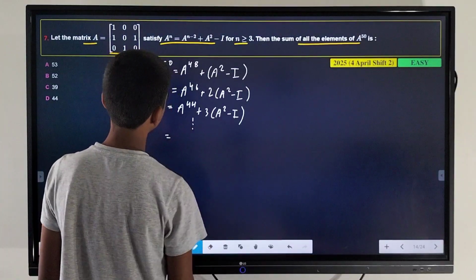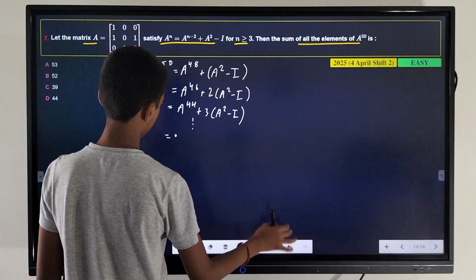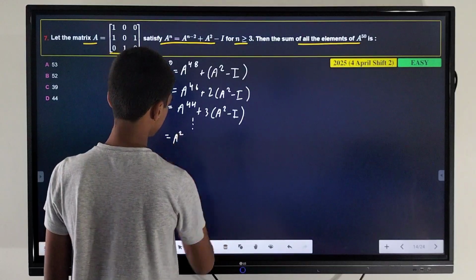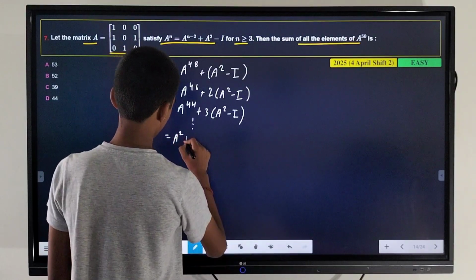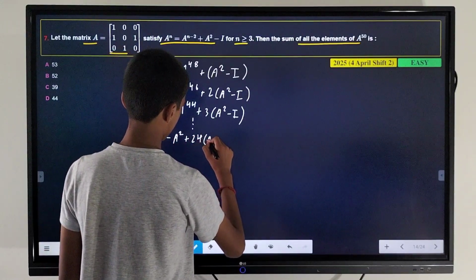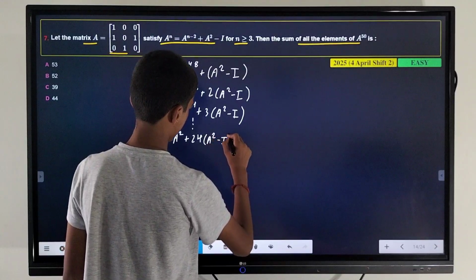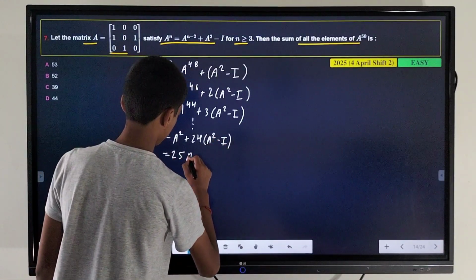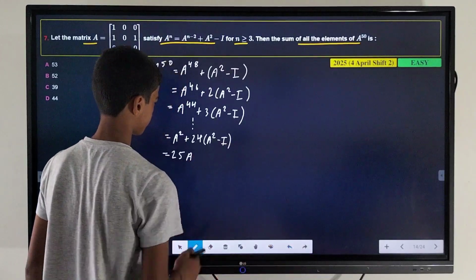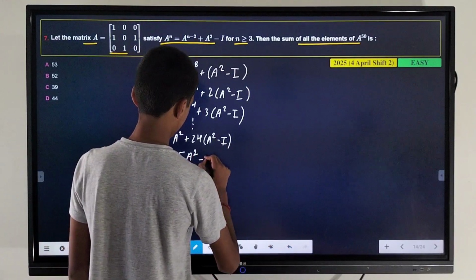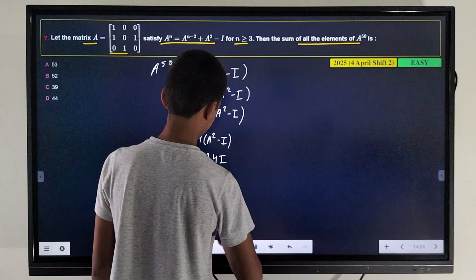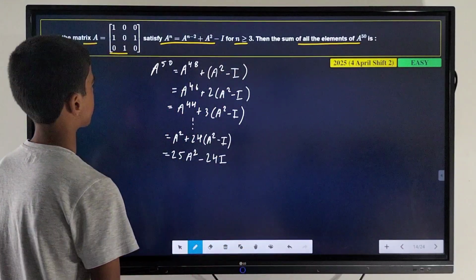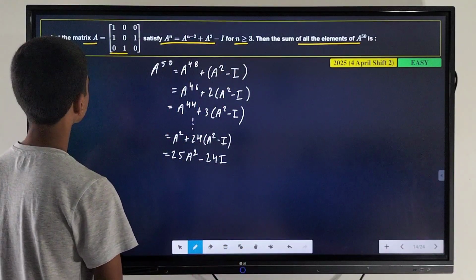This is equal to A square plus 24 times A square minus I. So this is equal to 25A square minus 24I.